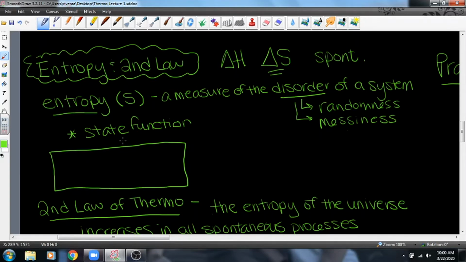So because entropy is a state function, we can just calculate the change in entropy, or the change in disorder, of a reaction or a system by taking the entropy of the final states minus the entropy of the initial states. How disordered the reaction ends up versus how disordered it was initially will give me my delta S of the reaction.